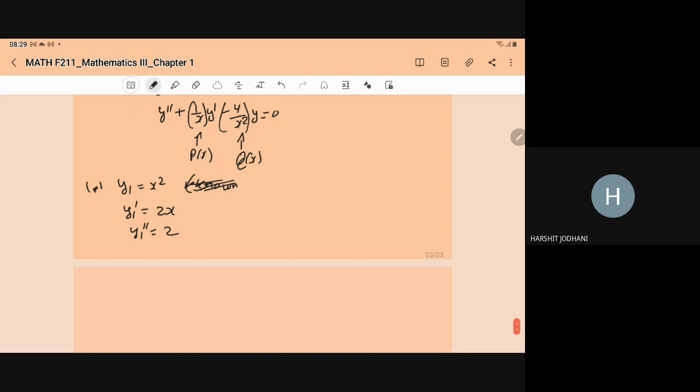So when we put in the given equation, here you will get 2 plus 1 upon x into 2x minus 4 upon x square into x square. So x square cancels out, x cancels out, and 2 plus 2 minus 4 is 0. So it satisfies the given equation.